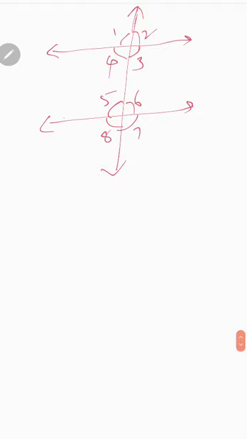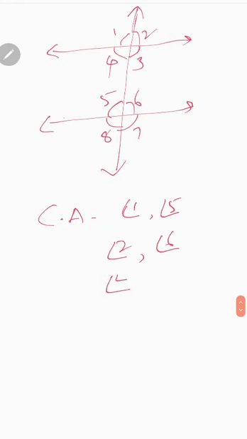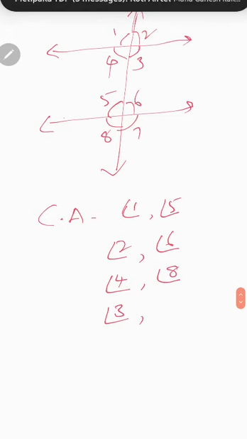Now the first type of angles are corresponding angles. What are corresponding angles? Here we can observe angle 1 and angle 5, angle 2 and angle 6, angle 4 and angle 8, angle 3 and angle 7.